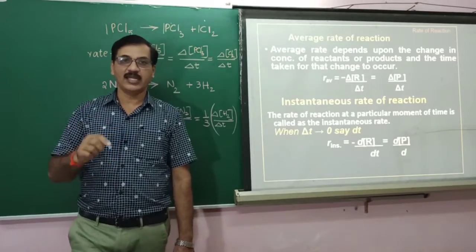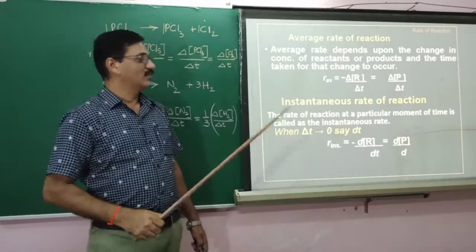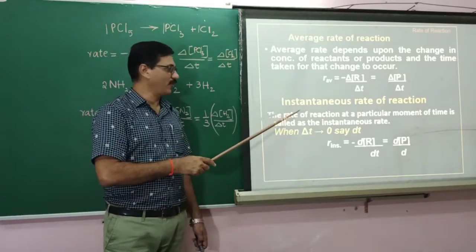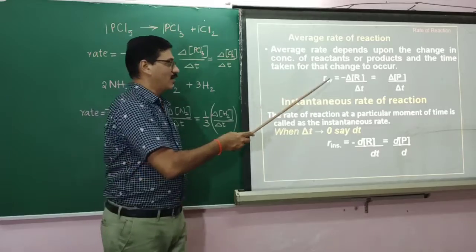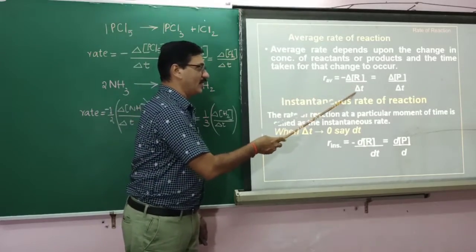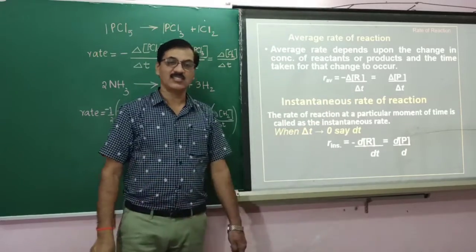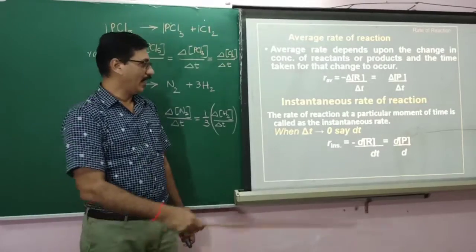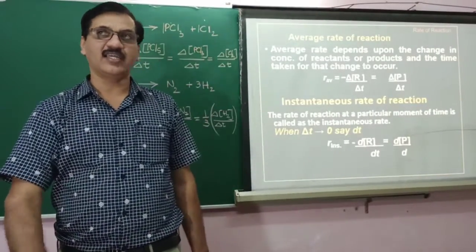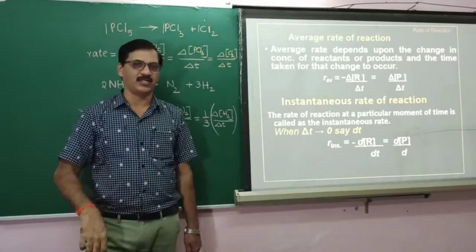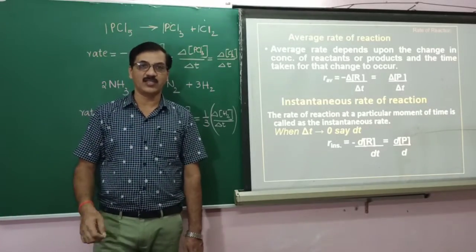Similarly, the rate of the reaction can also be expressed in two ways, average and instantaneous. In the average rate, the time taken is larger. Here, it is a small span of time, that is, at a particular moment, what is the rate of the reaction.